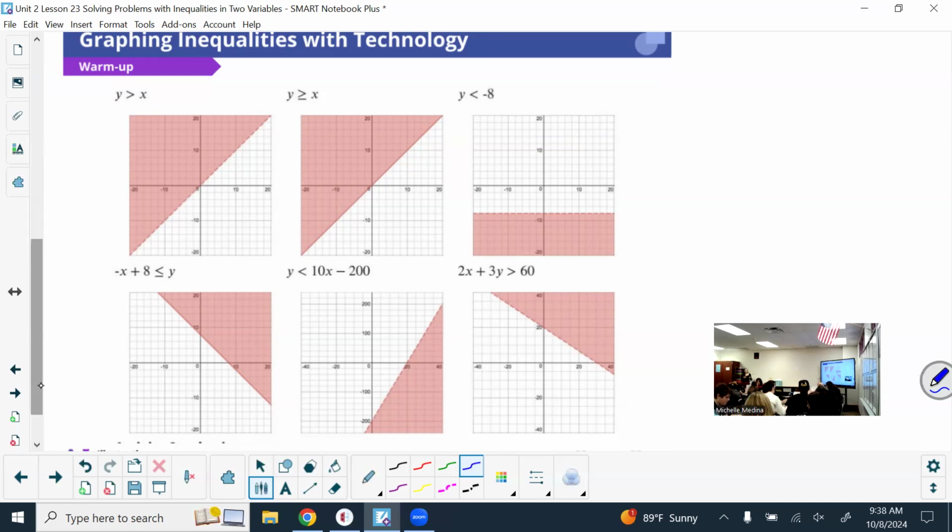You just type it exactly how it looks. And Desmos even has inequality buttons that are not hard to find. They're near your equal sign on Desmos. So that alone should be a good tool to use on your tests.